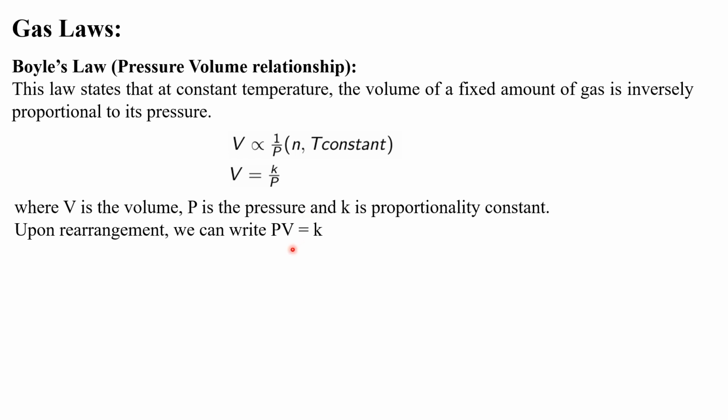So when T and N are constant, we get PV equals constant. For an isothermal process, which we will see later in thermodynamics, for a fixed amount of gas, PV is constant.